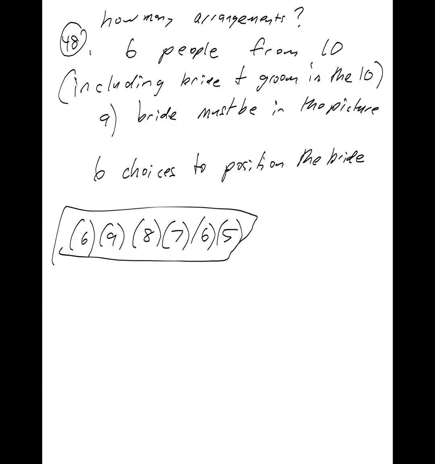Let me think about this. 9, 8, 7, 6, 5, and then times 6. Okay, cool. Now let's try, if both the bride and the groom must be in the picture, how does that work though? So B, if both the bride and the groom must be in the picture.